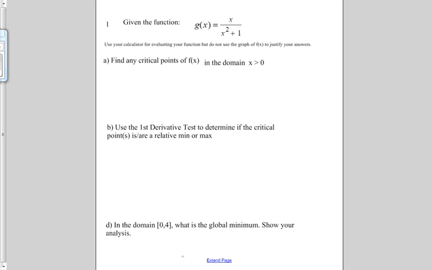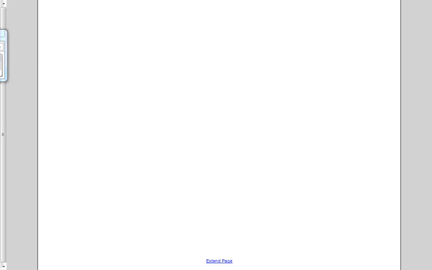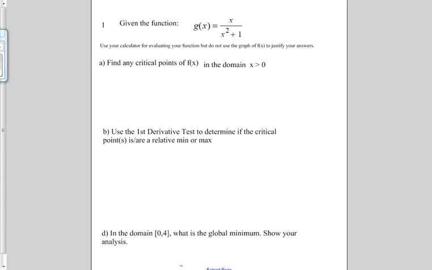Okay, more examples. Last example too. Yeah, last example. So now we're going to have to use the quotient rule. It says find any critical points in the domain x is greater than 0. Well, for the critical points, we need to find f prime of x.